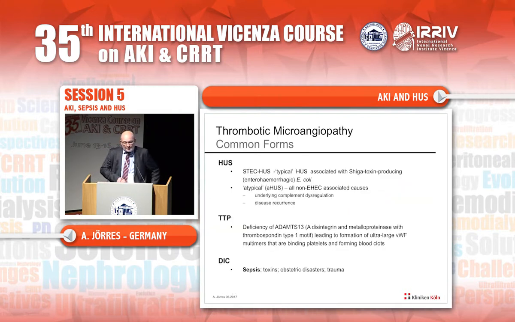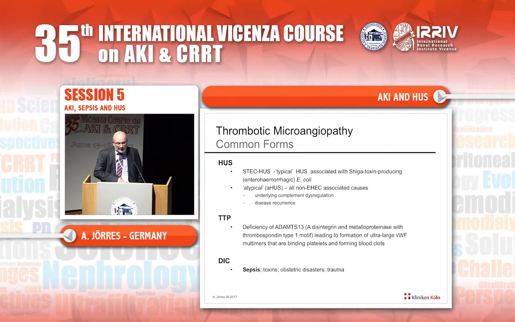Now, there are several common forms of thrombotic microangiopathy, but probably the most common one is disseminated intravascular coagulation, as observed in patients with sepsis, but also in obstetric disasters, patients with severe trauma, and those exposed to toxins. But it's important to differentiate that from the true forms, the hemolytic uremic syndrome and TTP.